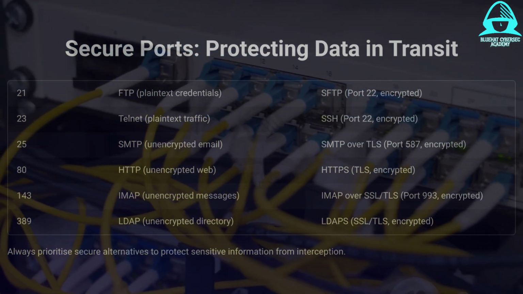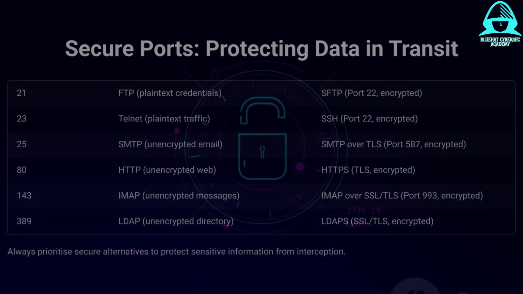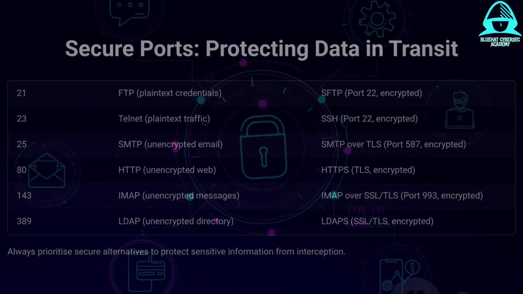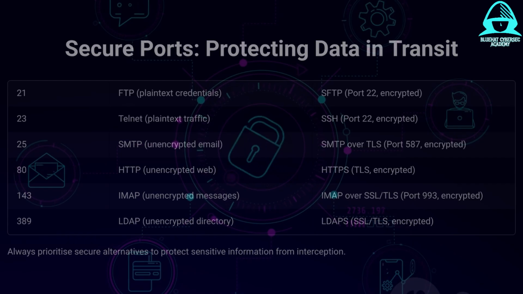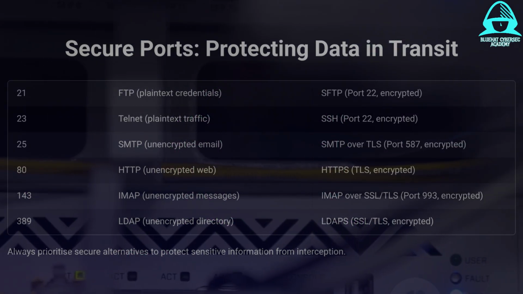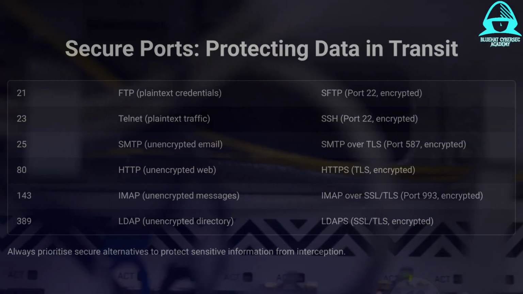Simple Network Management Protocol is used for managing infrastructure devices. Because sensitive data may be included, it is recommended to use SNMP version 2 or SNMP version 3, which offer encryption and enhanced security. All versions use the same ports, so context is required to determine security.